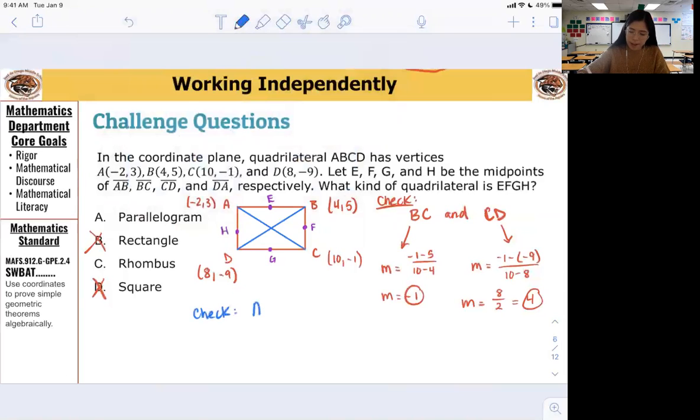Now we're checking AC and DB. For AC, 3 minus -1, good. Over. Wait, isn't it the other way around? It can be either way, Perla, as long as you're consistent. So if you're doing 3 minus -1, you have to do -2 minus 10. Okay, thank you. You're welcome. And so what does that give me?